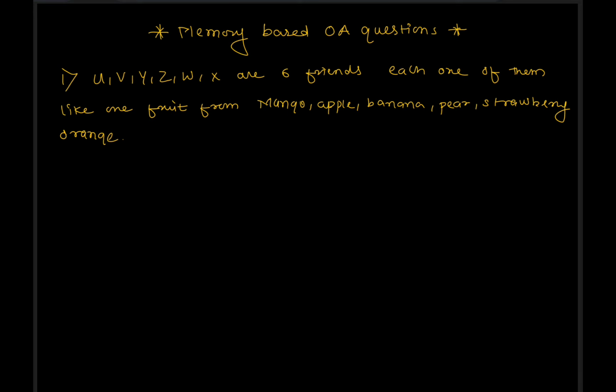There were some conditions, like you like mango or banana, and for three friends it was given that, let's suppose, apple is their favorite, strawberry is their favorite, and pear is their favorite, and some conditions were there. From that you have to tell what is the favorite of W. So this was one question.